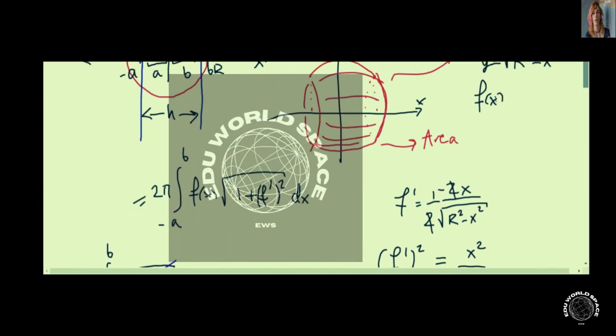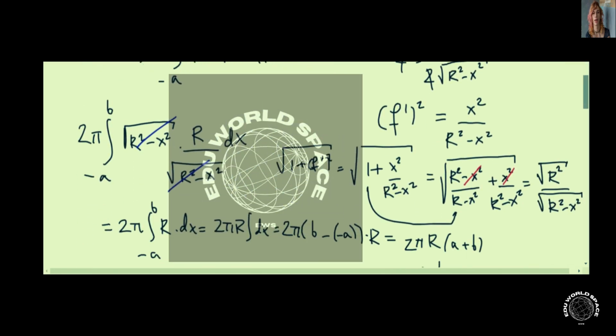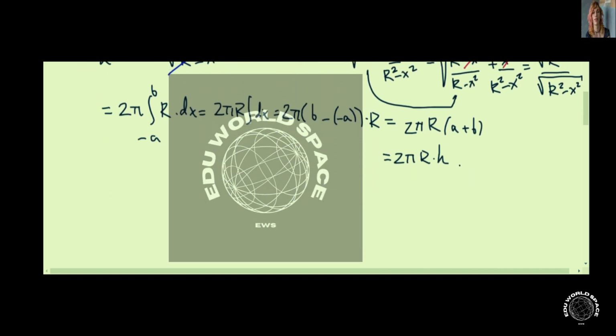And well, something that does look a little bit strange is that if we have a cylinder of radius r, the radius here is r.